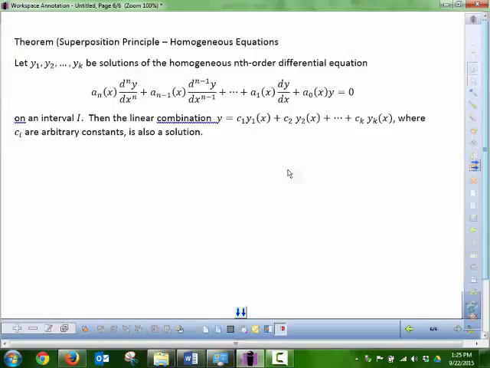So this is kind of cool. If we have an nth order homogeneous differential equation, so let's start off with homogeneous, having that set equal to 0. If y1 is a solution to the differential equation, and y2 is a solution to the differential equation, then if you multiply y1 by a constant and add it to y2 multiplied by a constant, that's also going to be a solution to our differential equation.